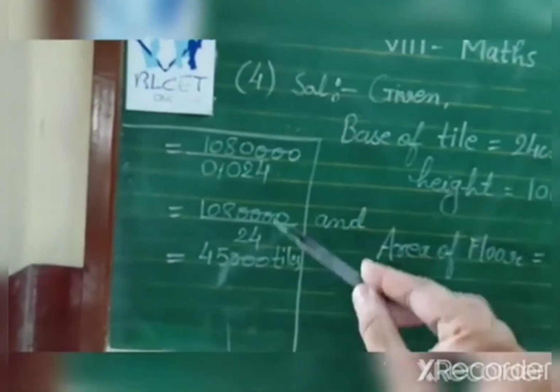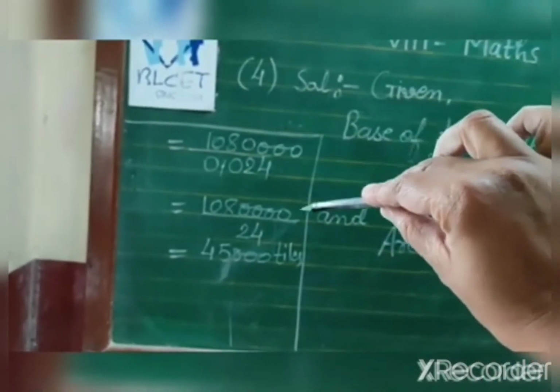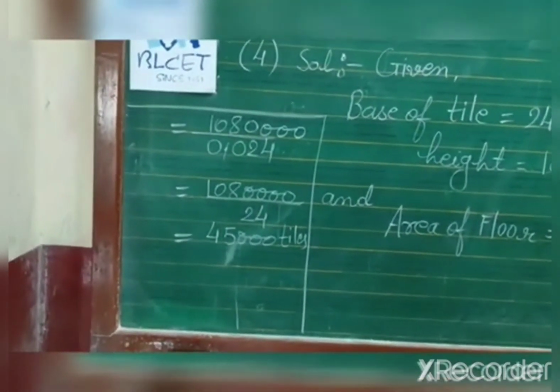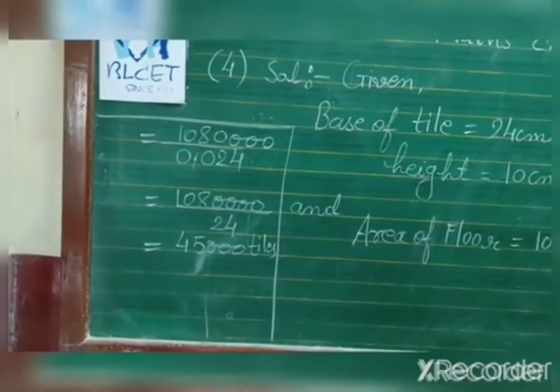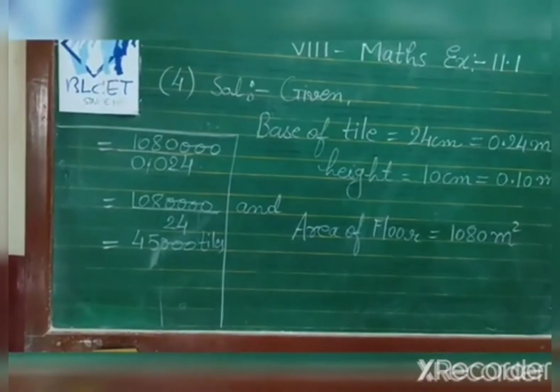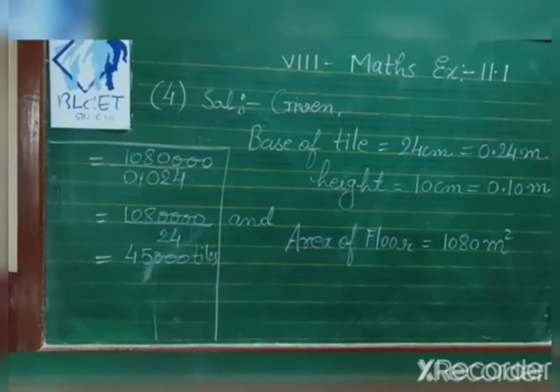Now when you divide 1080 by 24, you will get the answer 45,000 tiles. So in statement form you will write 45,000 tiles are required in the area of floor with 1080 meter square. Okay.